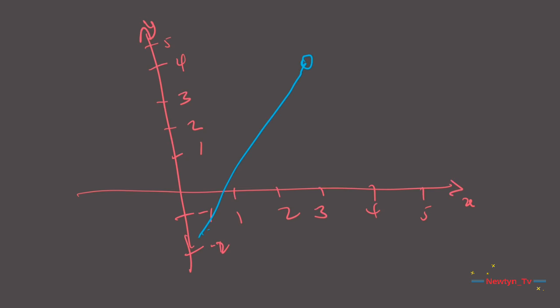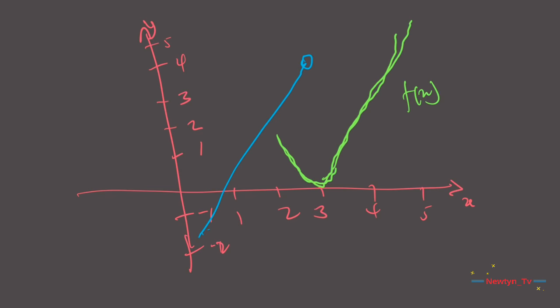Okay, so 3 comes down, then it touches the 3, and it goes up. Okay, so this is a rough graph, that's why you don't see it well, but it just goes up like that. Okay, so that's the function.